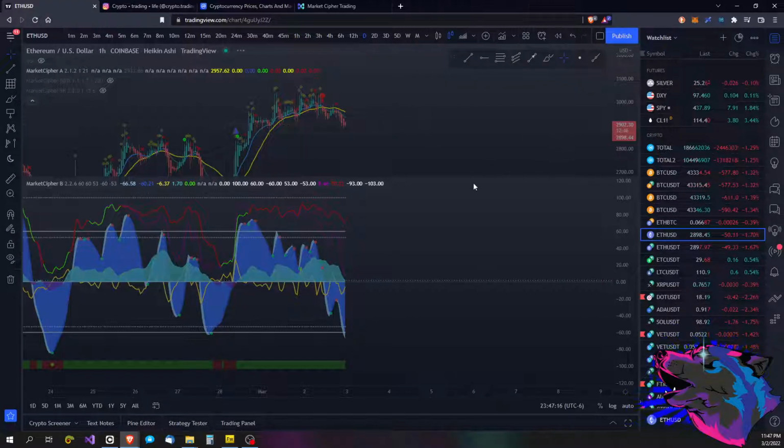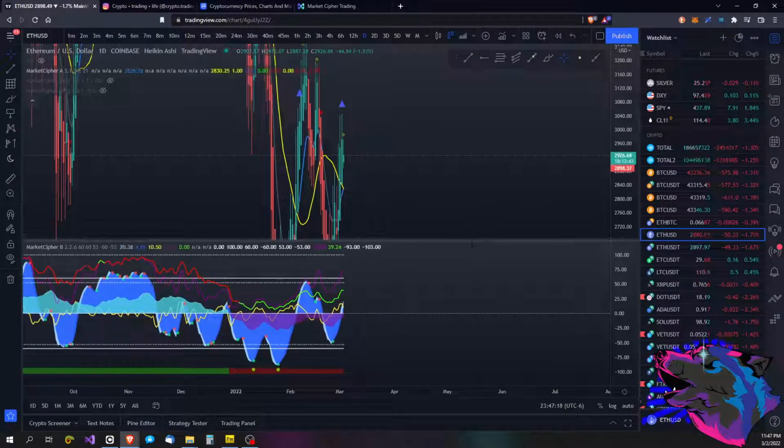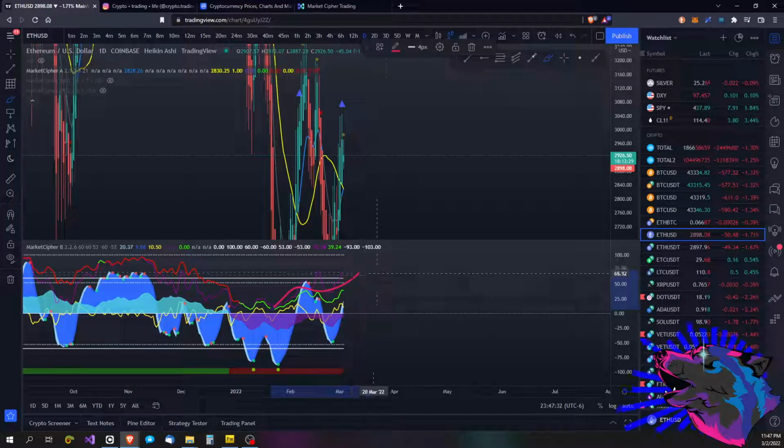And if we come up to the daily, take a look on the higher time frame, you'll see that money flow is getting close to coming back up into the green. That would be an outstanding situation. RSIs are generally trending up, although we've got a little bit of time before VWAP comes back to the bottom.